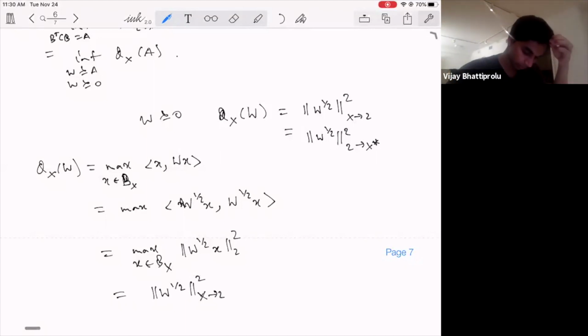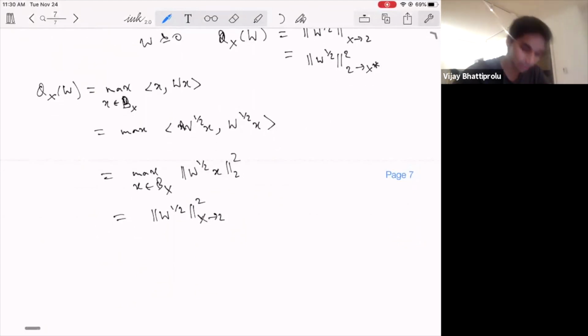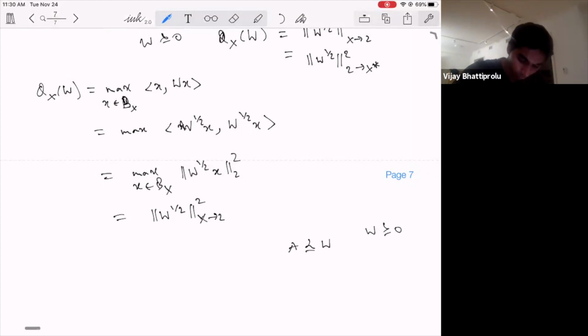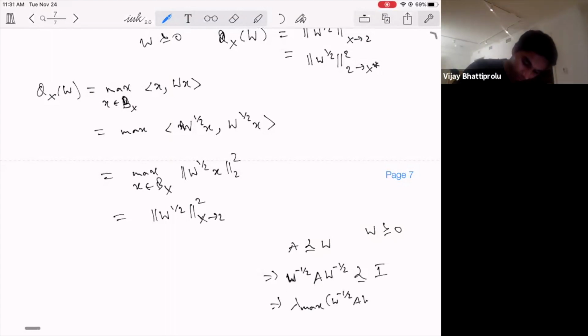Okay. So now, armed with this fact, and also armed with the fact that if A is less than or equal to W, and W is PSD, meaning we can take negative half powers, then we have W to the negative half A W to the negative half is less than or equal to the identity matrix, which implies lambda max of W to the negative half A W to the negative half is at most 1.